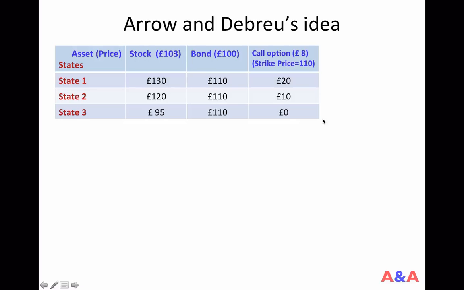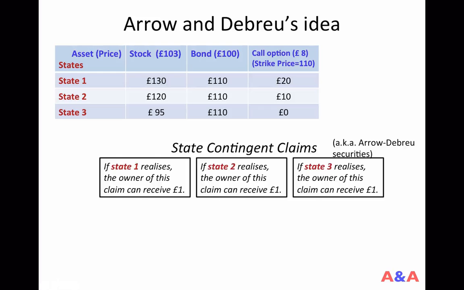Again, in our setting, we have three assets currently traded in the market. In contrast, a state contingent claim is an imaginary hypothetical asset which pays you £1 if a particular state realizes. So, for example, the state 1 contingent claim is a security which looks like this.